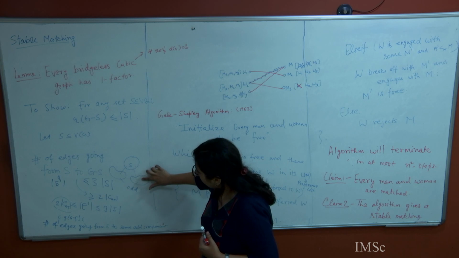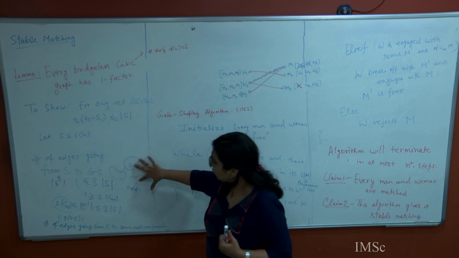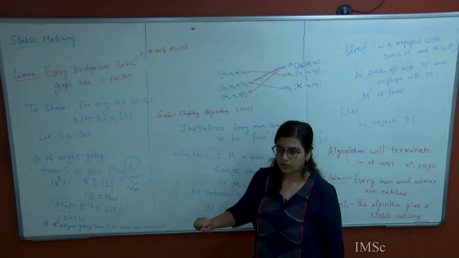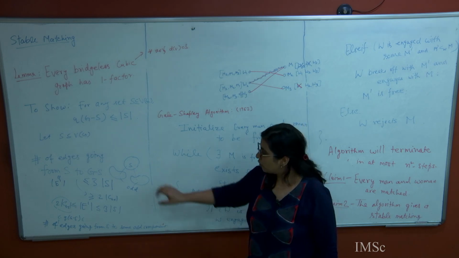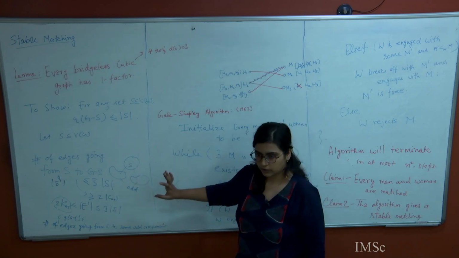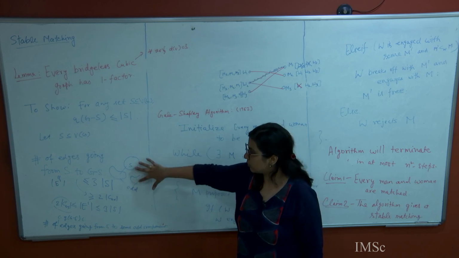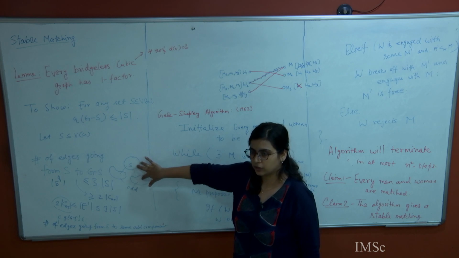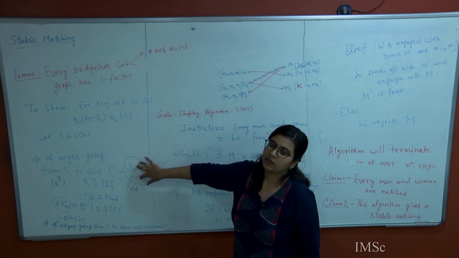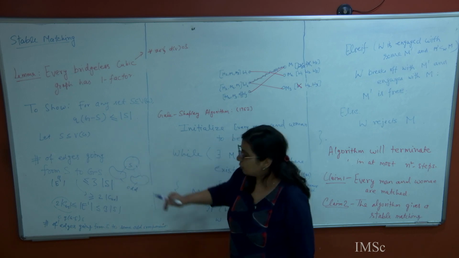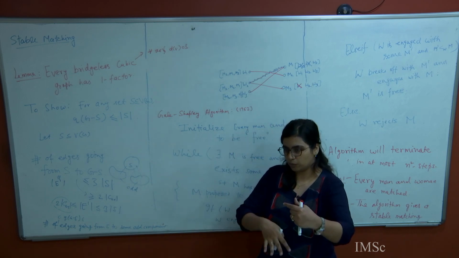Can we have only one edge from S to this component? We cannot, right? Because this will be a bridge otherwise. Oh yeah, that's right. So that's why at least 2 edges should be there between S and any component.